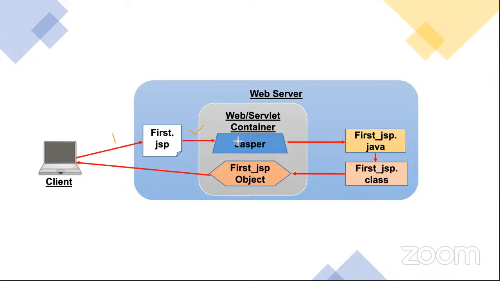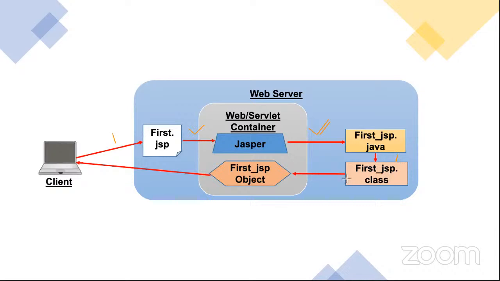Whenever we send a request, it will be accepted by this Jasper, and Jasper translates the JSP to a .java file. This is the third step. And obviously, if it is a Java file, there should be a compilation, right? This is the fourth step.